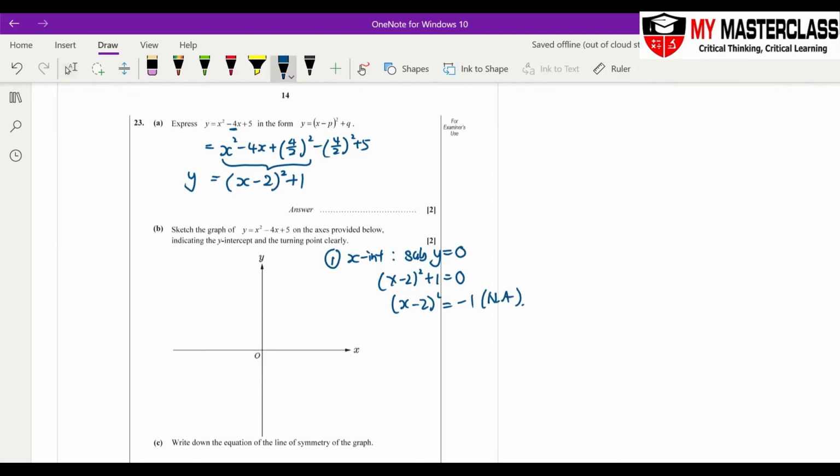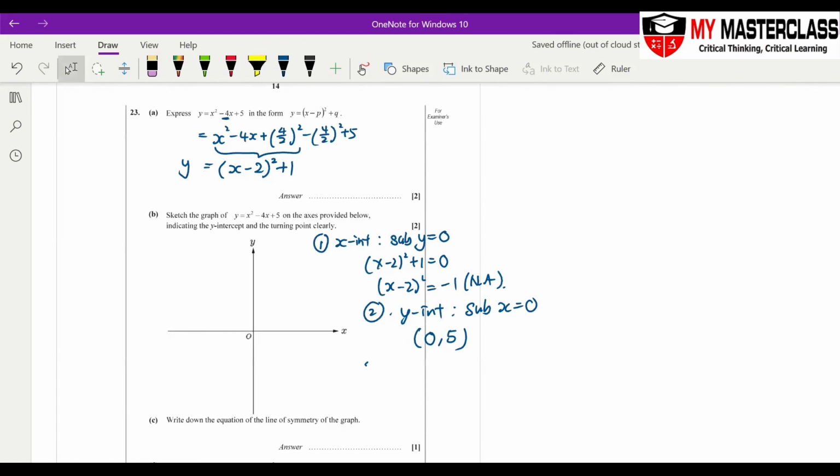So number 2, you need the y-intercept. Y-intercept means, you sub what? X equals to 0. Actually, you can look at the original graph. Y equals x squared minus 4x plus 5, right? You can know that the y-intercept is (0, 5). Okay, use the original one. As well as the third one.